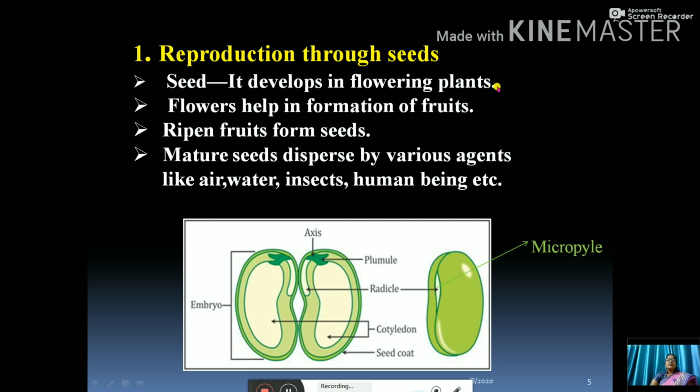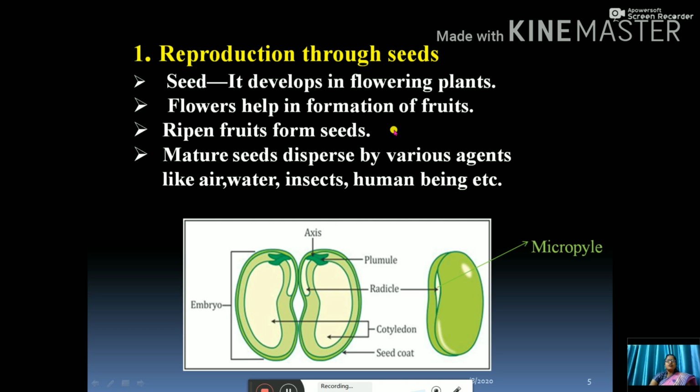It means the plants that bear flowers, only those plants can produce the seed, because they produce flowers, then fruit will form, then seed will be formed inside the fruit. See here, flowers help in the formation of fruit. Ripe fruits form seeds. It means, take the example of mango.